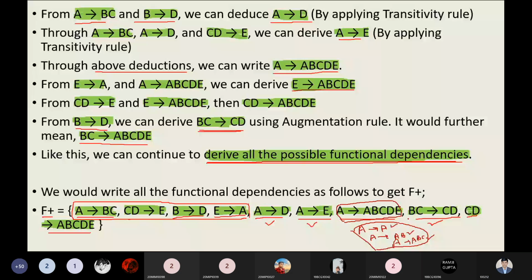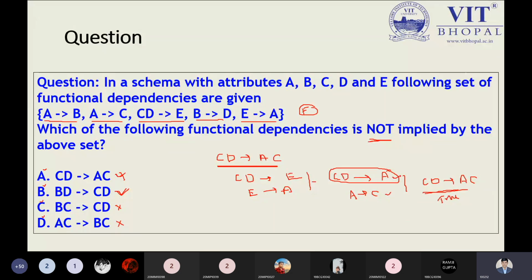Yes, sir. Okay, so this is the closure of the functional dependency. Here I'm also sharing some questions for betterment. I expect you to solve this question and tell me what the expected answer is.